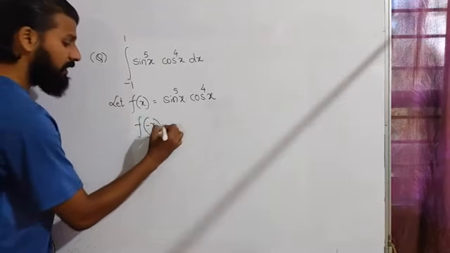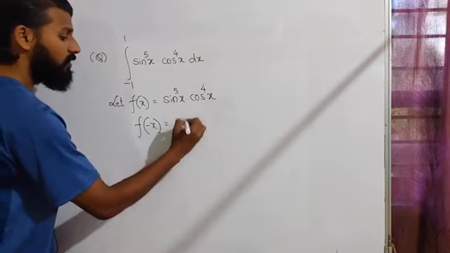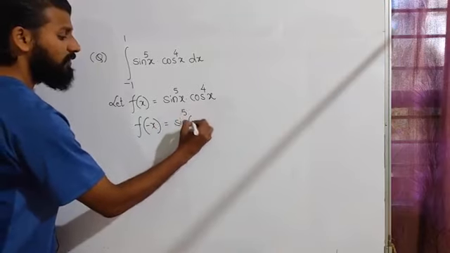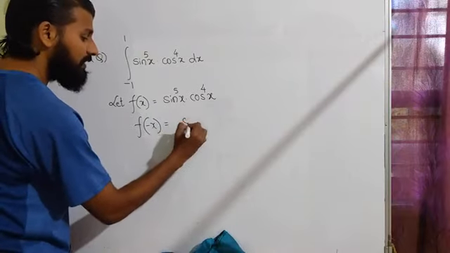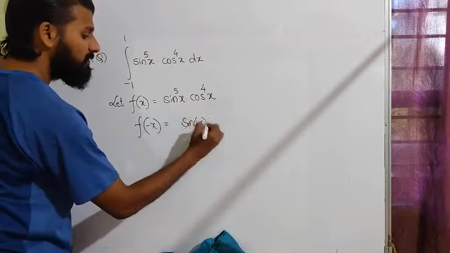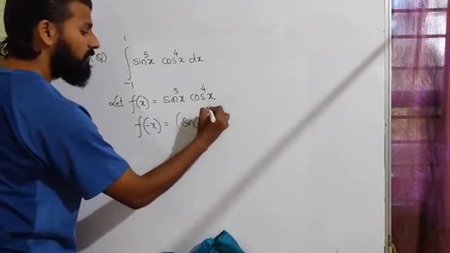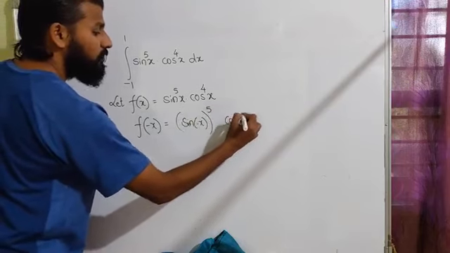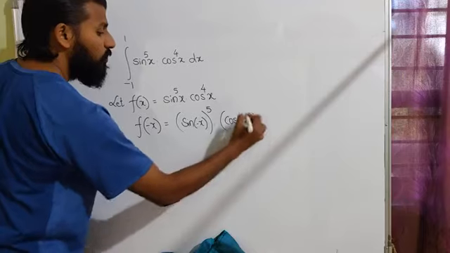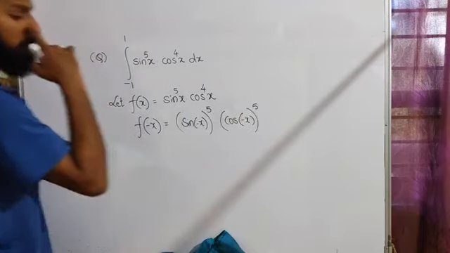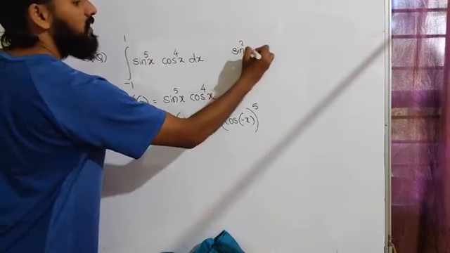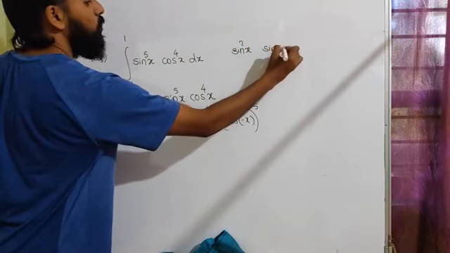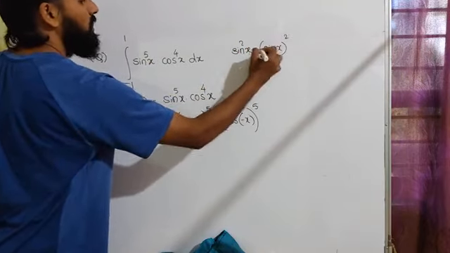So I'll be getting f of minus x is equal to sine of minus x, whole raised to 5, into cos of minus x, whole raised to 4. Because you already know, my dear friends, sine square x and sine x the whole square are one and the same.